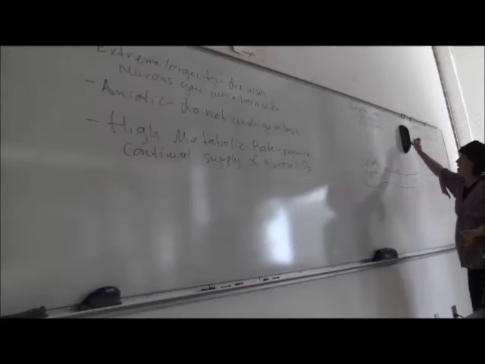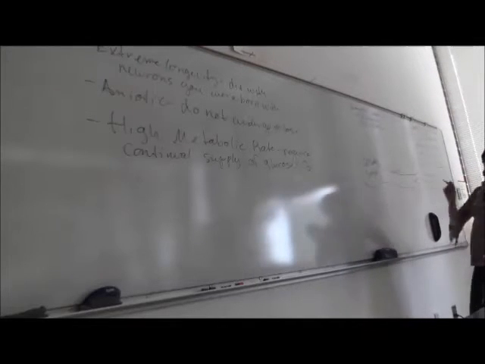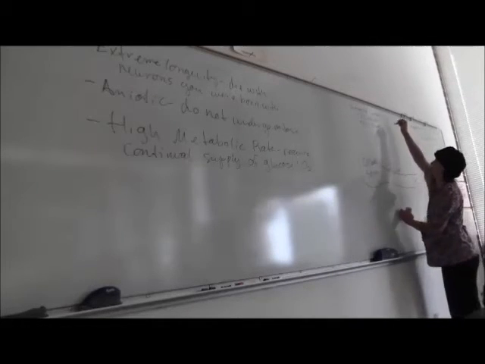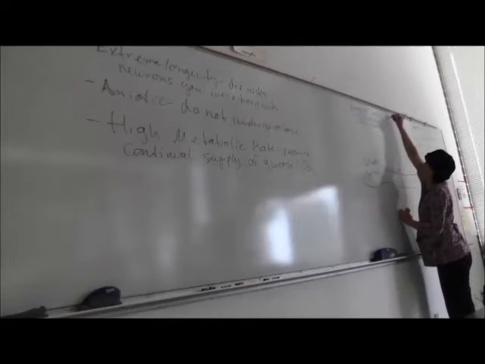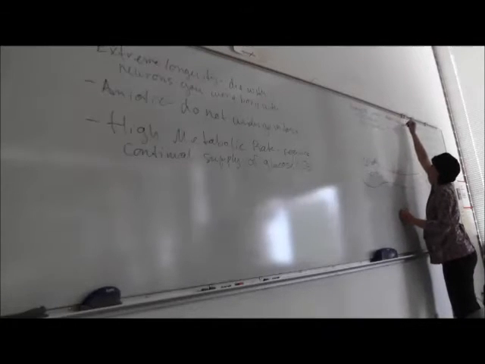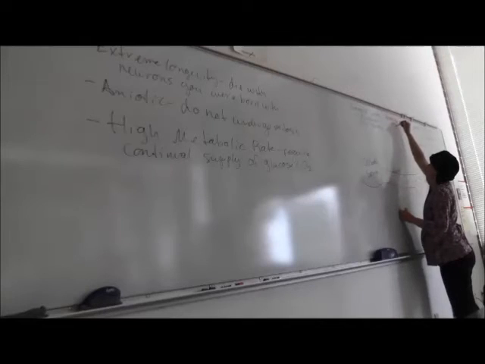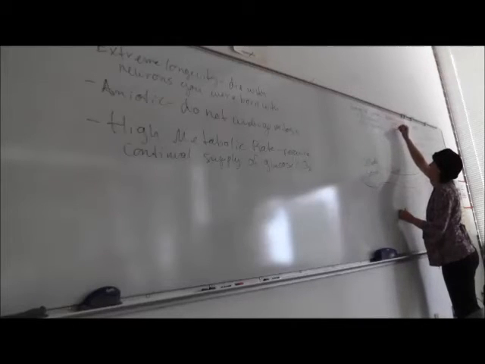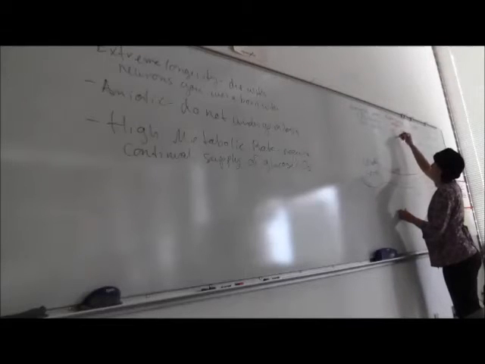And again, when we've got axons running together in the central nervous system, we call them tracts. And axons running together in the peripheral nervous system, we call nerves. So your axons running together in the central nervous system are called tracts, and in the peripheral nervous system are called nerves.